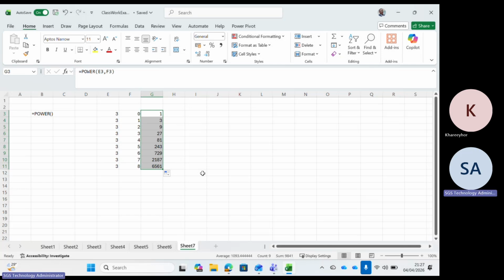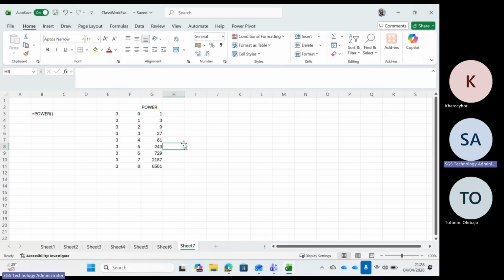The other one is when you try to round a number, like when you have fractions 3.2, 3.3, 3.4, 3.7, and you want to round them to a whole number.